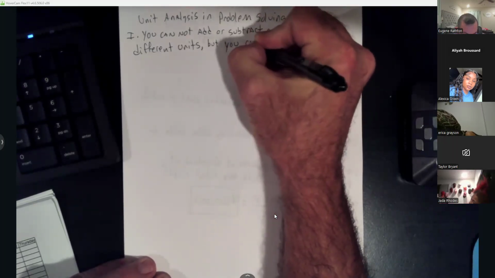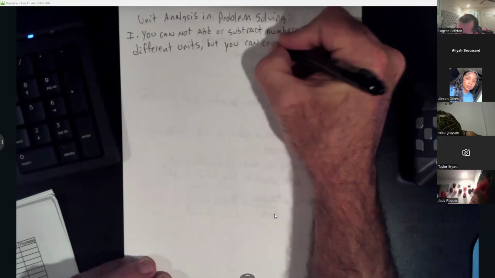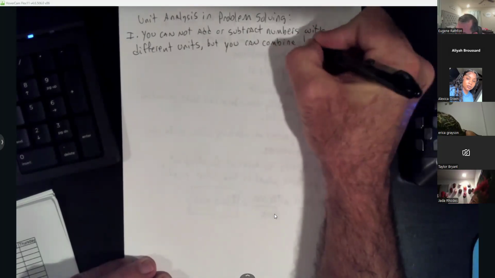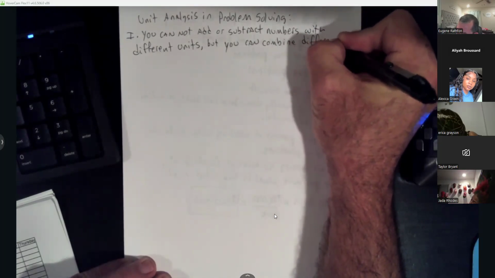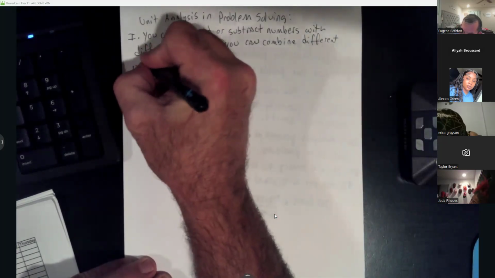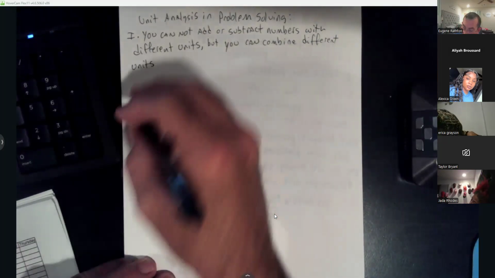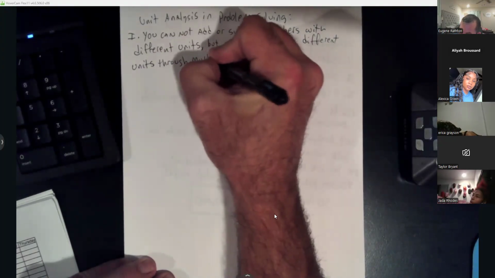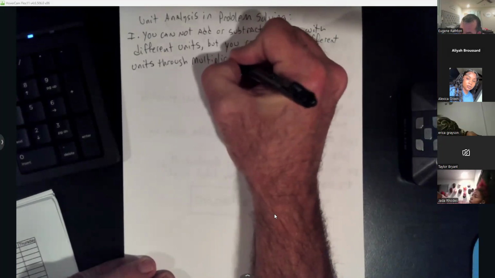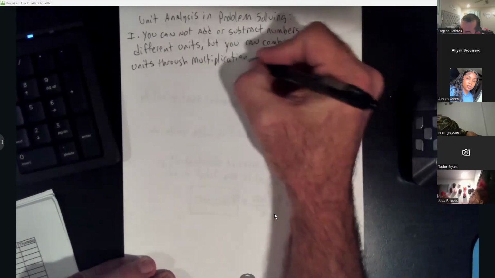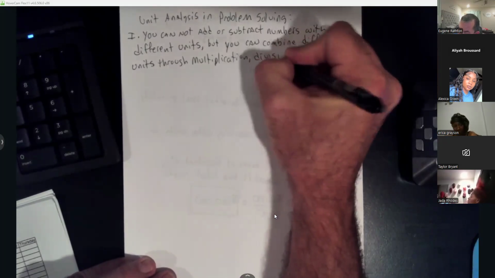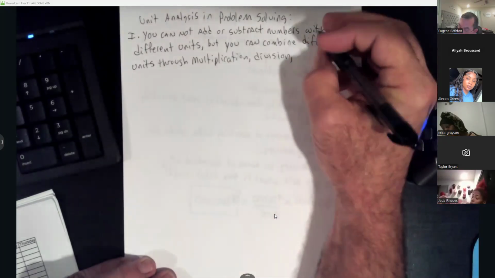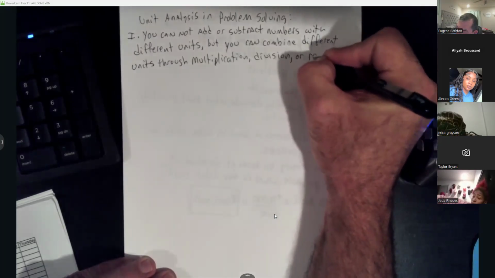Now, you can combine different units through multiplication, division, or raising the powers.